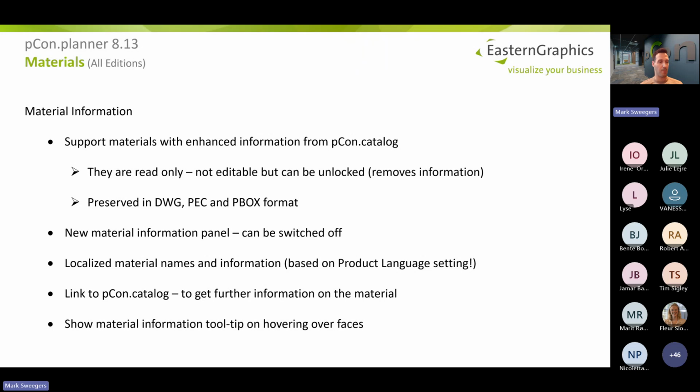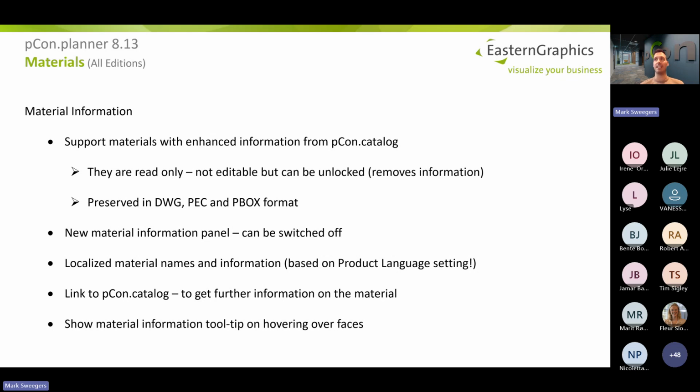So it's also part of your PAC exports, for example. Within the material editor itself, there will be a new material information panel that can be switched on and off. The way that the material information will be shown depends on the product language setting that you have applied within your own pCon.planner application.